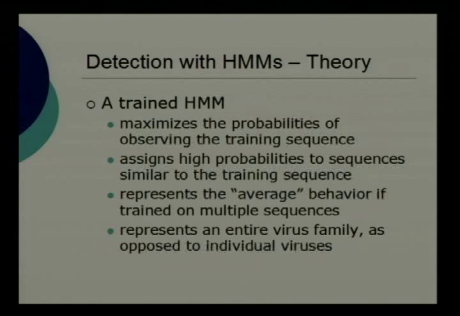A model represents the average behavior of multiple sequences, meaning that we don't need many models to represent one family. We just need one model to represent a whole family, and we can later determine whether any given program is similar to that family.